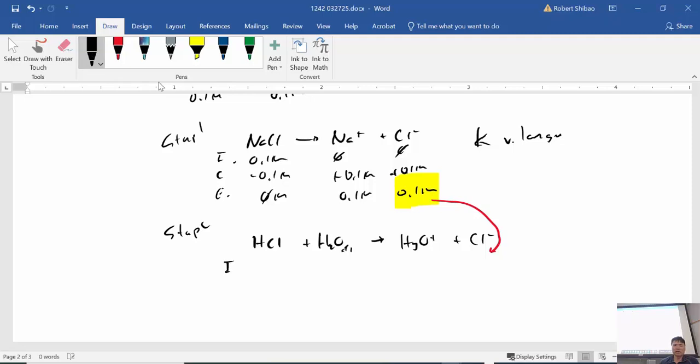The standard is we're going to assume nothing has hydrolyzed yet, and so there's 0 molar hydronium. However, I'm going to have 0.1 molar chloride from the previous step here. Now, normally when I have product here, I don't get as much hydrolysis, right? And so having product here, this is called common ion.